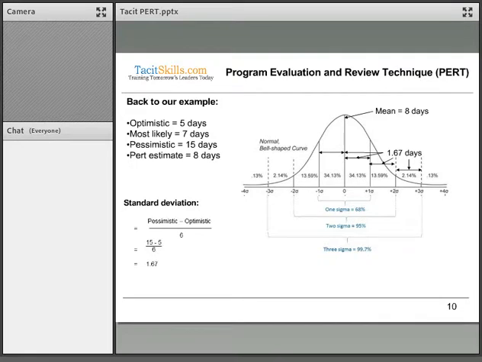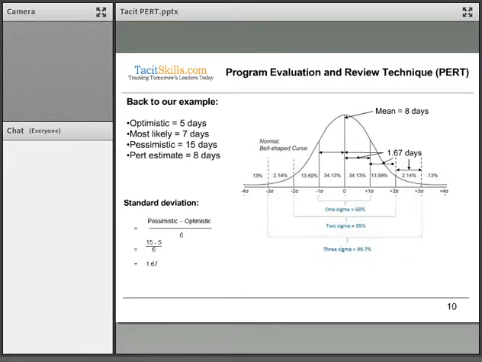If we look back at our practical example and see how that applies, our mean is what we determined for the activity where we had the optimistic of 5 days, the pessimistic of 15 and the most likely of 7, and we calculated our estimate, which is our mean. So the mean is 8 days here, but we also need to calculate our standard deviation, which is our uncertainty. Where do we get that from? Our standard deviation is our pessimistic estimate minus our optimistic, in this case 15 minus 5, divided by 6.